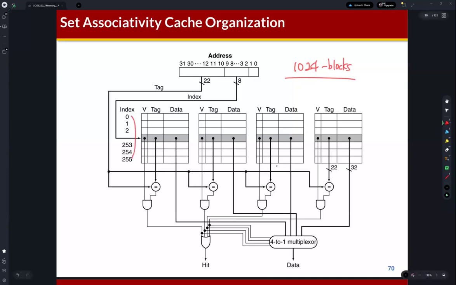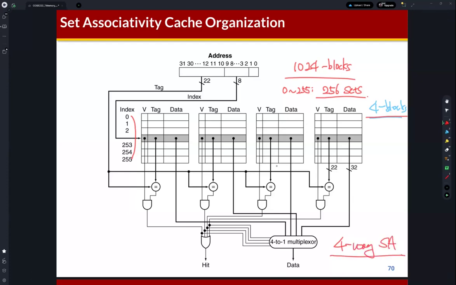As you can see, this cache has set index numbers 0 to 255, which means there are 256 sets. So a single set includes 4 blocks, right? So what is this cache? This cache is a 4-way set associative cache. Okay.